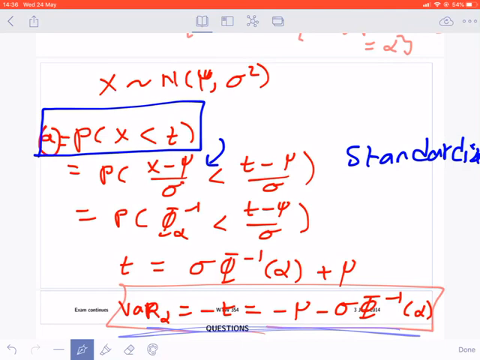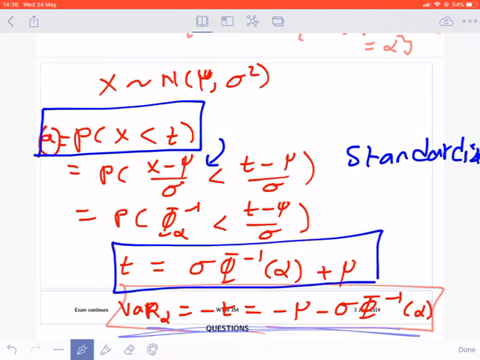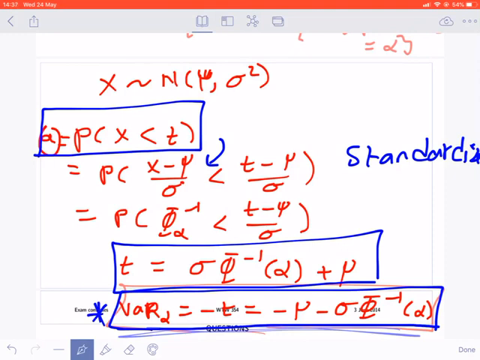Then you solve for your t. Remember that VaR is negative t, so you multiply this t by a negative number. So this would be the value of your VaR: negative mu minus c sigma times the z score at the significance level alpha.